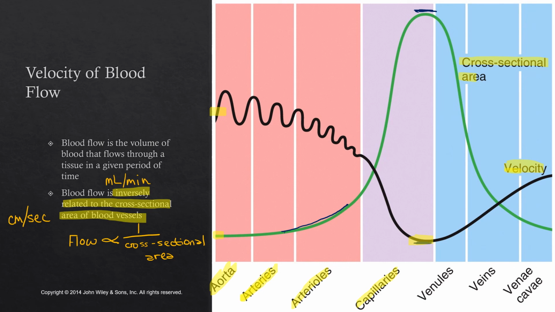If the blood is flowing through capillaries really quickly, it's not going to give the blood cells enough time to exchange their materials with the interstitial space. So we really need a low velocity in those capillaries to facilitate good exchange between the blood cells and the interstitial space. Having a high cross-sectional area in capillaries is very functionally relevant.